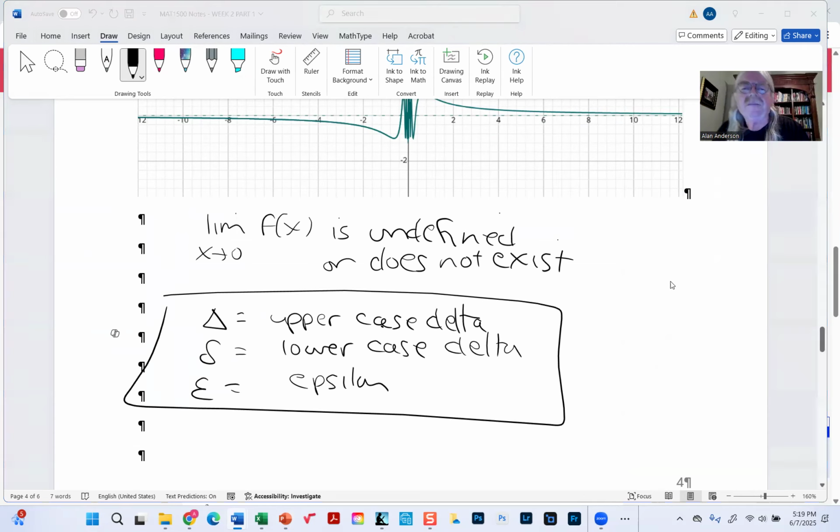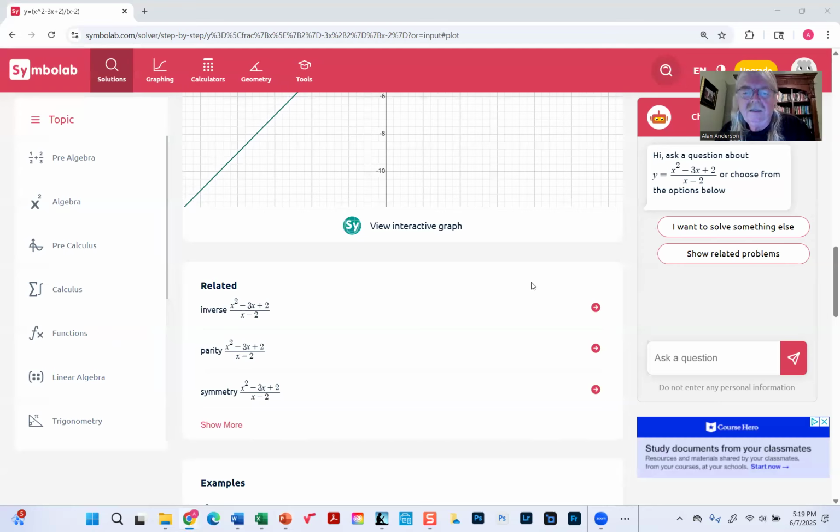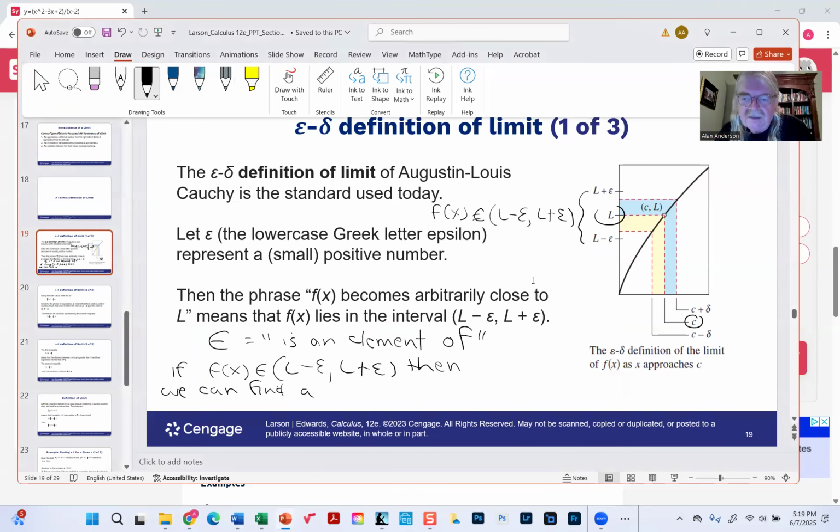All right, so what they're suggesting here is that if our function is within that interval, in this case between these red lines, then there's got to be some delta out there such that x is in the interval between C minus delta and C plus delta.